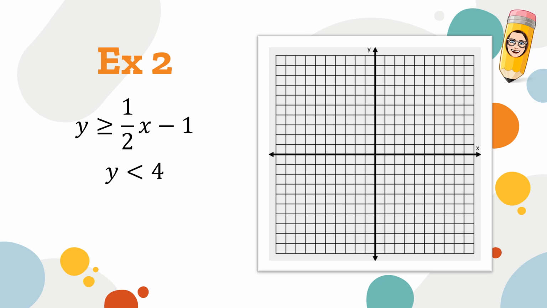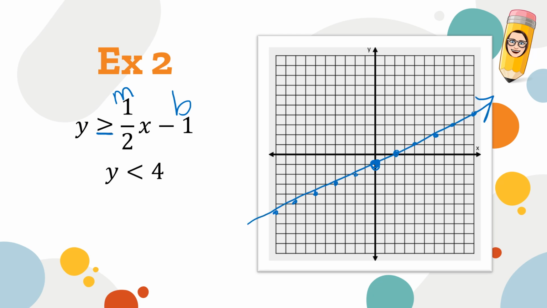Let's take a look at the next one. Our first line begins at -1. Our move, our change, our rise 1, run 2, rise 1, run 2. Our type of line before we connect, it should be solid because of that bar under it, and yours will hopefully be drawn better than mine.